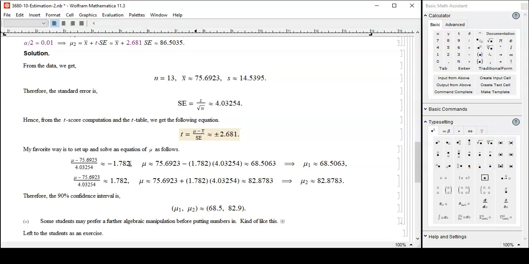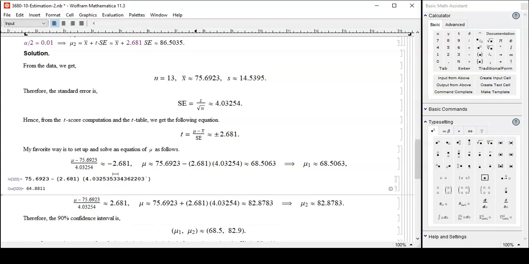So your calculation: flip this SE to the other side. So point estimate in the center minus the margin of error, so minus t-score times standard error. And this computation, let's leave it to Mathematica. 64.881. So that is your endpoint.